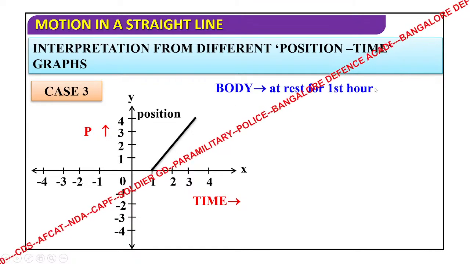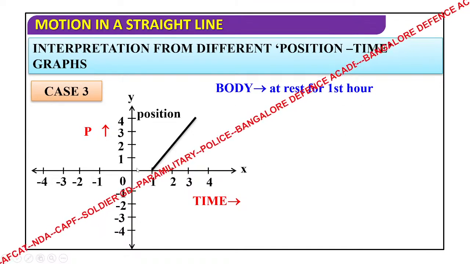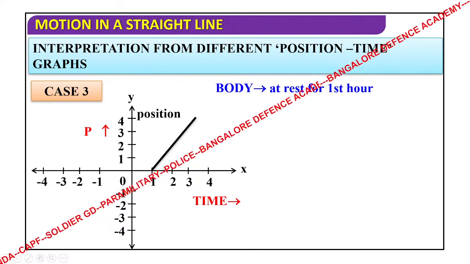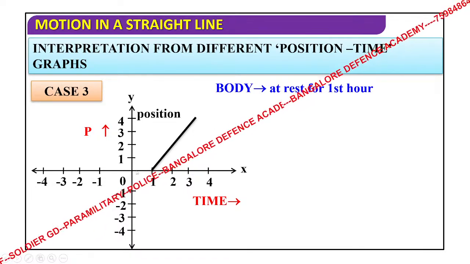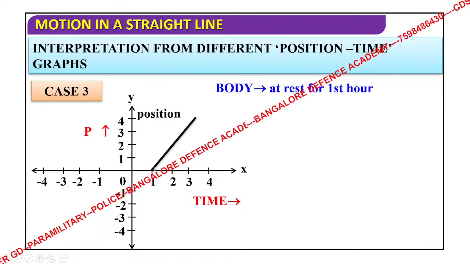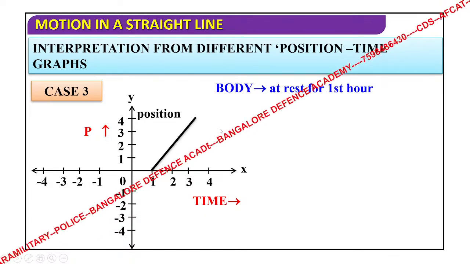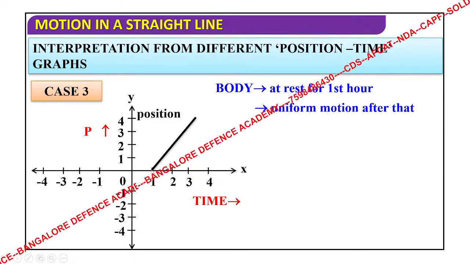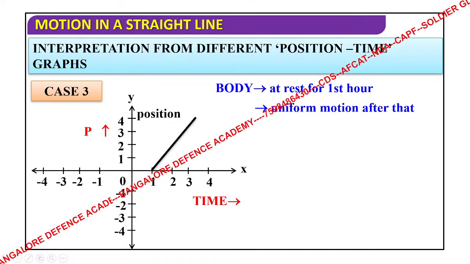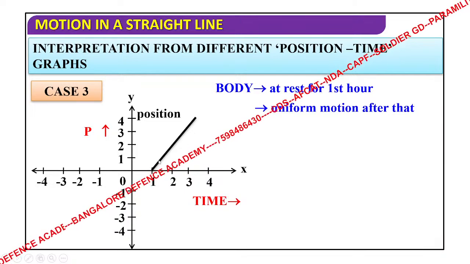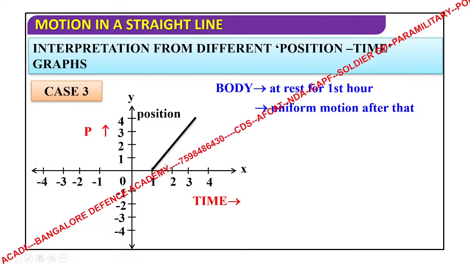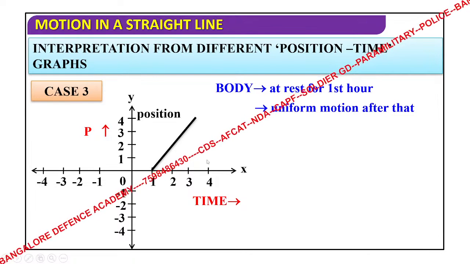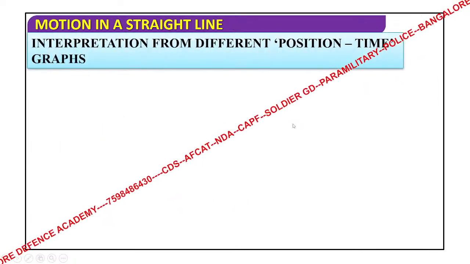The body is at rest for the first hour because the line is starting from the x-axis at 1, not from 0. So uniform motion after that. After the body starts from rest after 1 hour, look at this, the line is going straight. So at equal distance and equal time, that is called uniform motion.